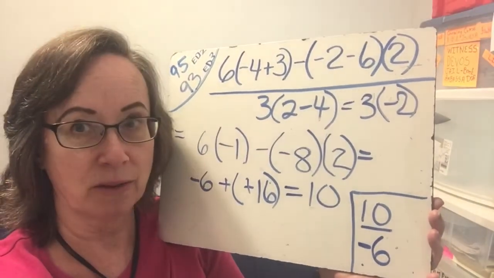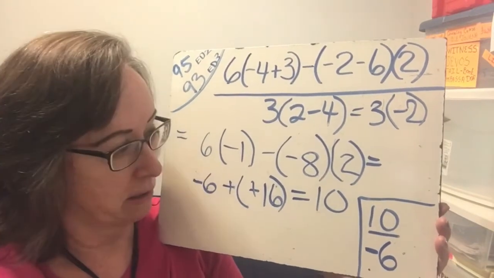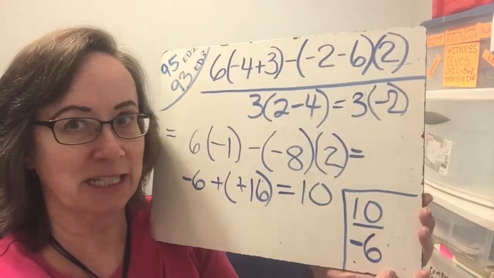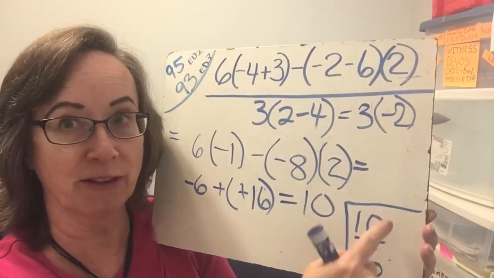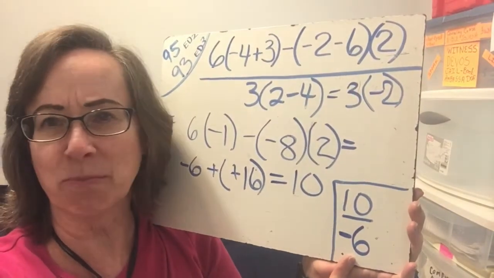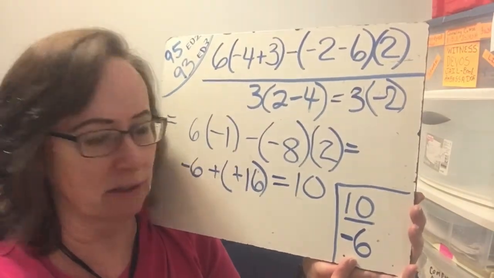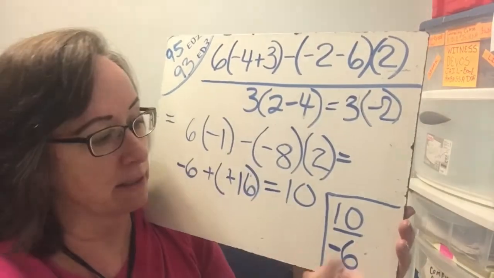So now I'm ready to simplify that fraction. A 10 and a 6 both have a 2. So I'm going to take a 2 out of both, dividing both by 2. And remember, we don't like to leave minus signs in the denominator. We want to move the minus sign upstairs or in front.